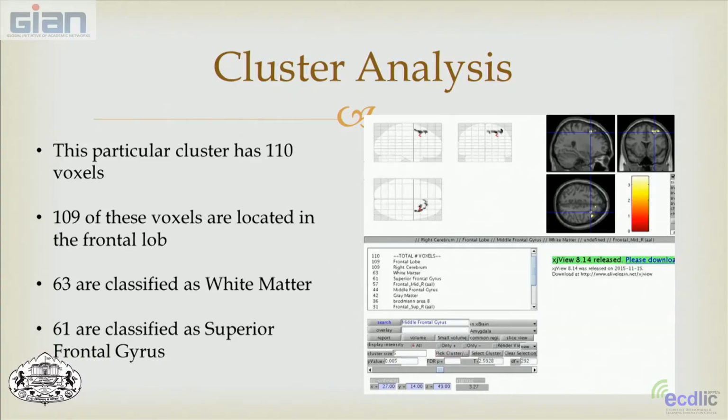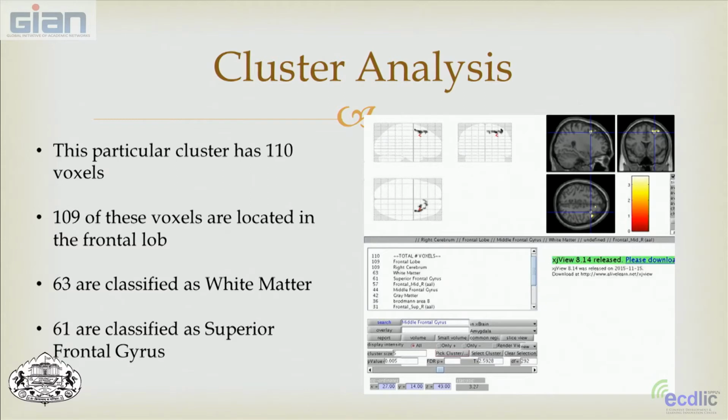Another thing you can do here is say, go to the maximum point of this cluster, and it'll give you the highest t-value in this cluster. In this particular cluster, the highest t-value is 3.27. It's at the very bottom of this box here. And it'll tell you the coordinate location in MNI space.